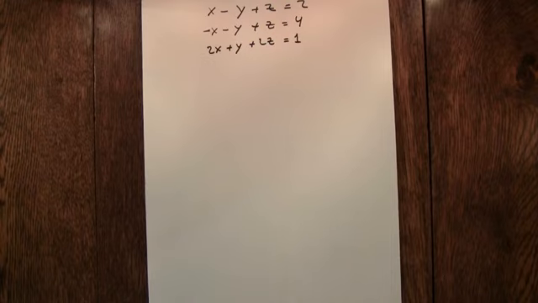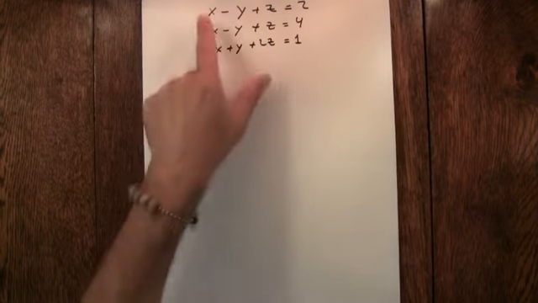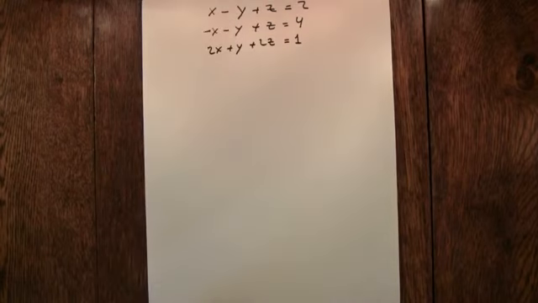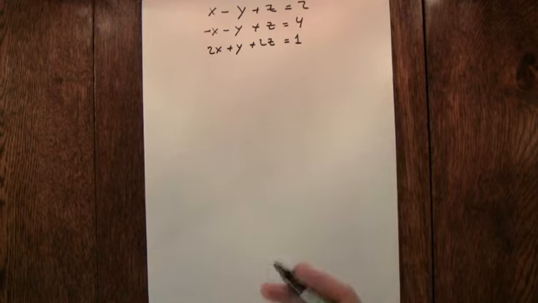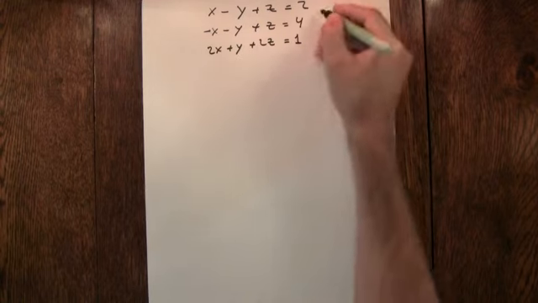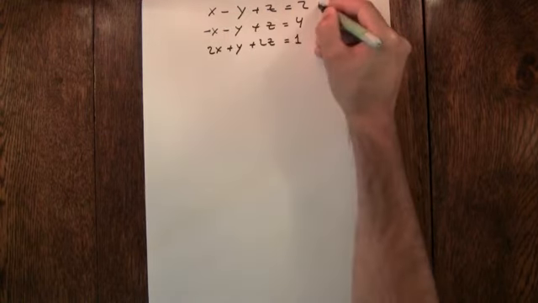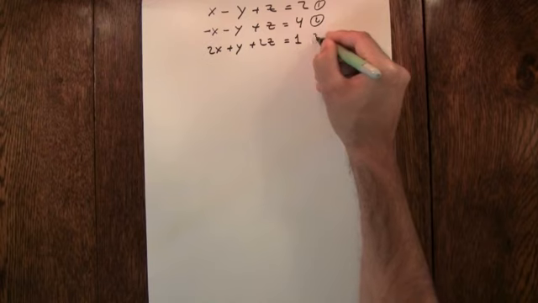Okay. Now, the name of the game for this is we want to find out what each one of those variables are, right? We're trying to find out where these three-dimensional lines cross. So what we're going to do is number these equations. Let's call this equation 1, 2, and 3.